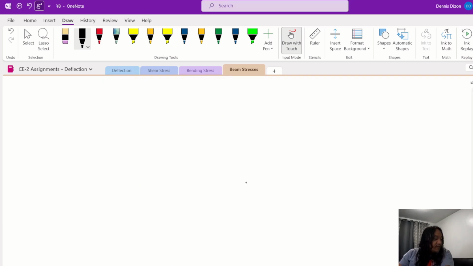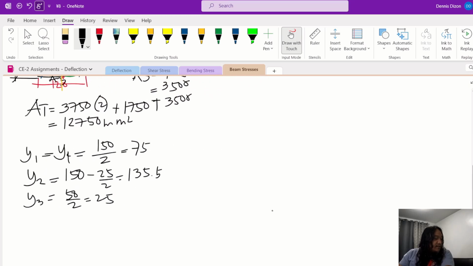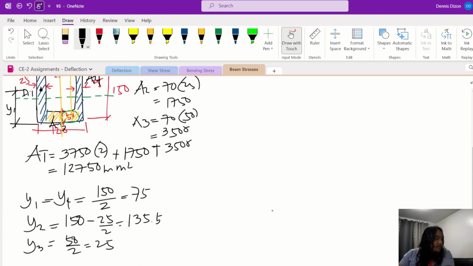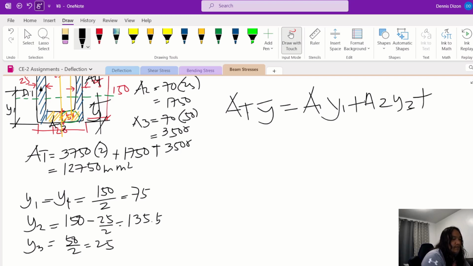Now let's solve the location of the neutral axis. This is barred y. So the total area times barred y is equal to area 1 y1 plus area 2 y2 plus area 3 y3 plus area 4 y4.